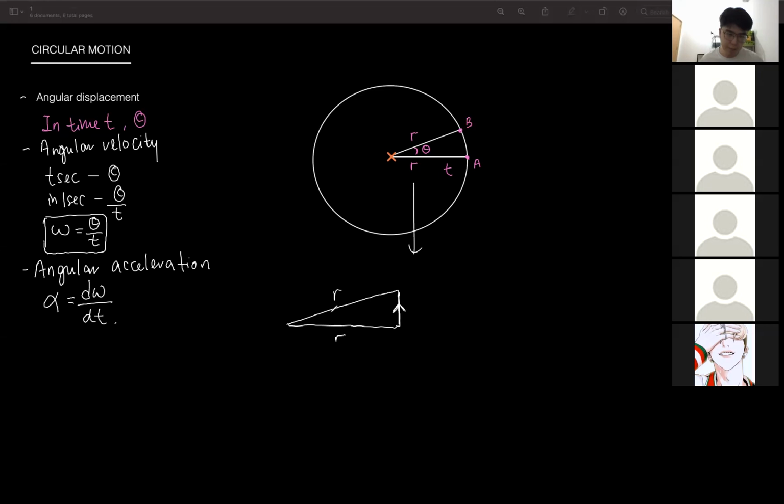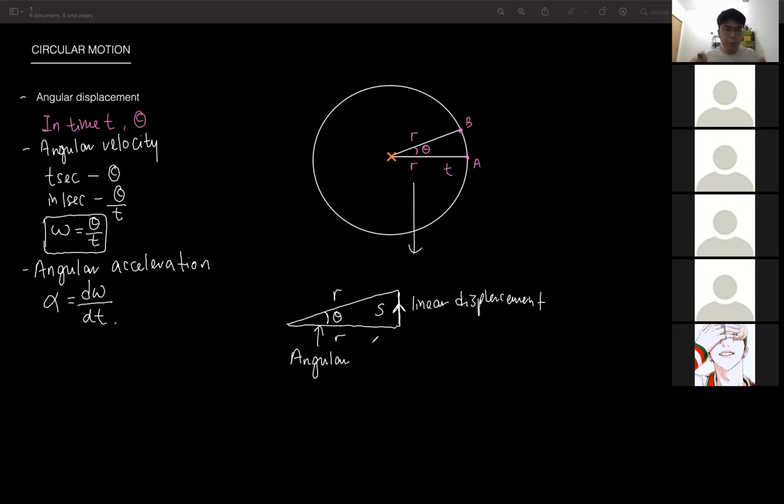We have our angular displacement, theta, but what displacement is this one? We call this the linear displacement. So we have two: one is angular, and another one is linear. And this linear displacement is very, very small, such that it is almost like a straight line. So let's put S here, displacement S.